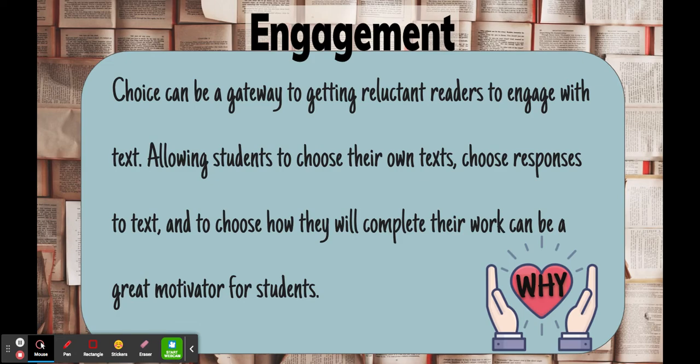Choice can be a gateway to getting reluctant readers to engage with text, as you saw with my example from my daughter. Allowing students to choose their own texts, choose responses to text, and choose how they will complete their work can be a great motivator for students. And that is a quote that I took out of a professional development that I did, and I would use it all the time because I feel like it's an important thing to point out.